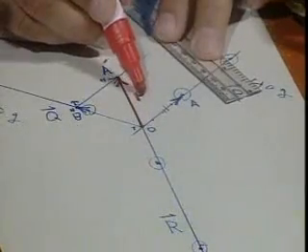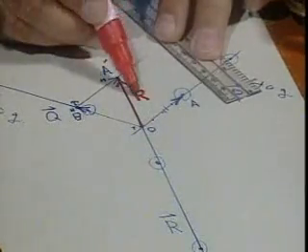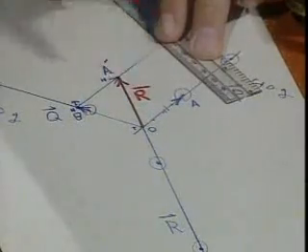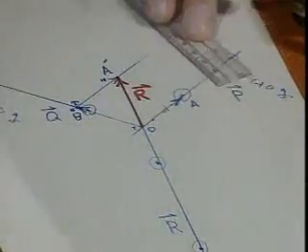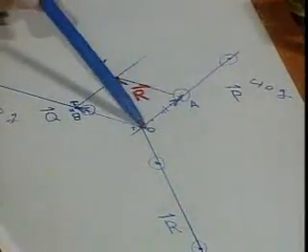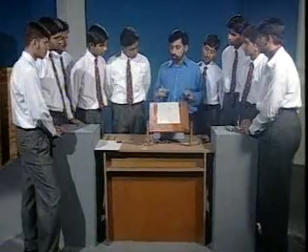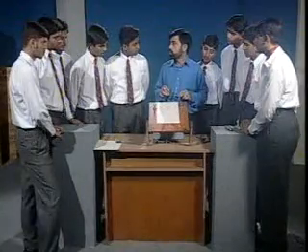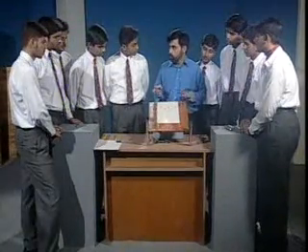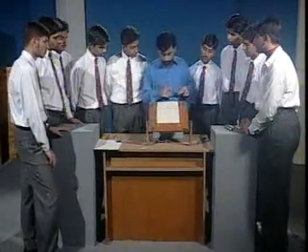Now it's resultant, so I put R over here. Again it's a vector, so I put arrow over here. Now you've got a complete parallelogram O, A dash and B. This is the reason it is called the parallelogram law of forces, or for vectors, for addition of vectors.